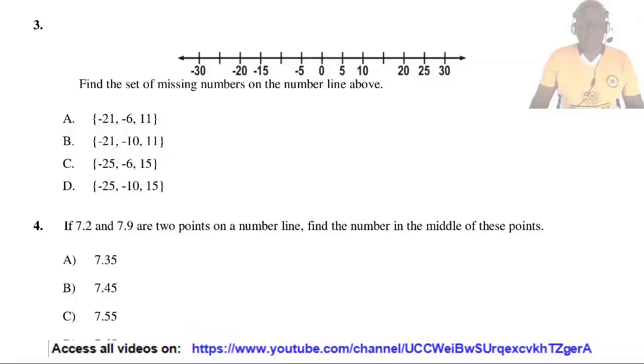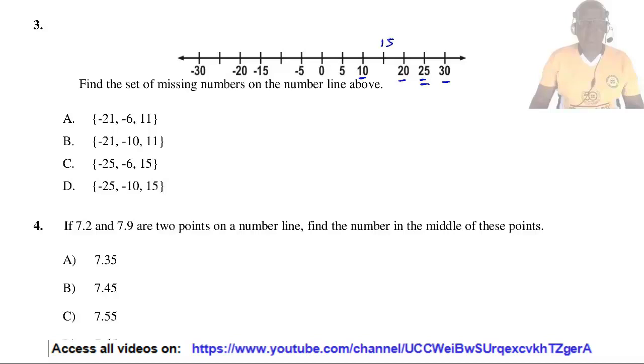Question 3. Find the set of missing numbers on the number line. Take note that the difference between 20 and 25 is 5, and the difference between 25 and 30 is 5. So the difference between two adjacent numbers on the number line is 5. The next number after 10 is 10 plus 5, which is 15.